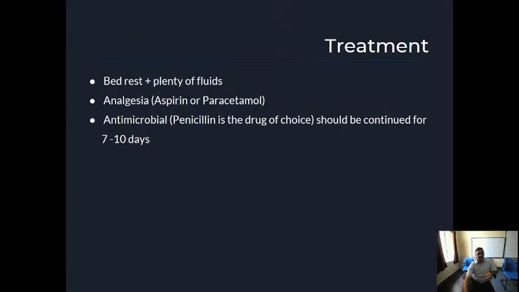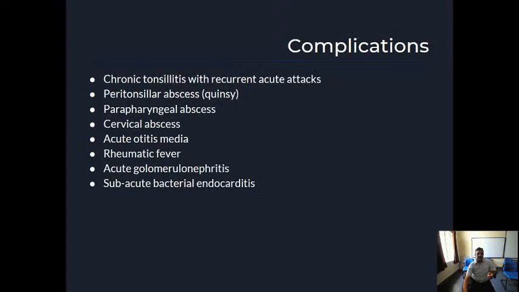Then treatment is usually analgesics, supportive therapy, antimicrobial treatment. And the important complication, if you don't treat acute tonsillitis, the commonest complication is chronic tonsillitis. It becomes chronic. The chronic ones are mostly irritating, they keep on repeating, and are difficult to manage.